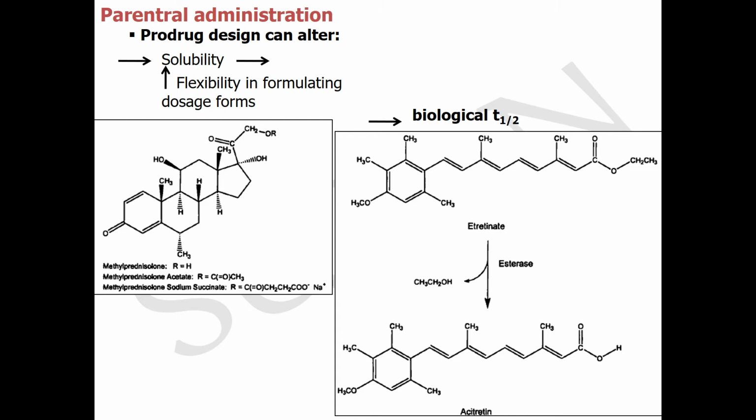If you convert it to acetate, you will have methylprednisolone acetate. R group راح تكون CH3. فلما نتحولها للأسيتيت will form highly water insoluble compound, and you can formulate it also as sodium succinate، يعني methylprednisolone sodium succinate, which is R group راح تكون CO CH2 CH2 COO sodium salt, sodium succinate.